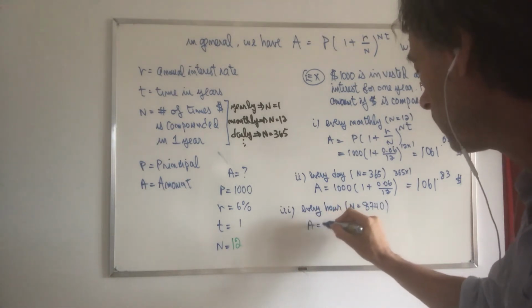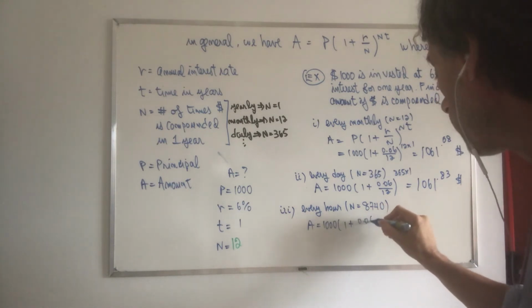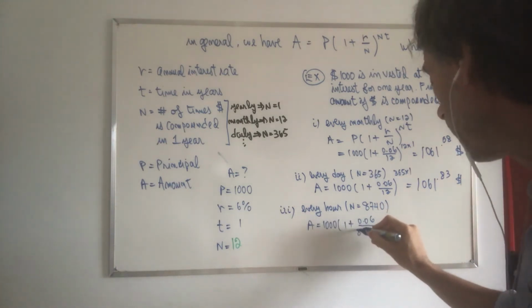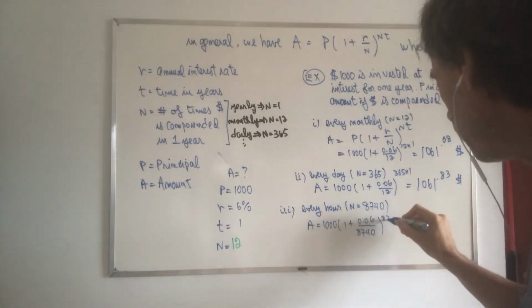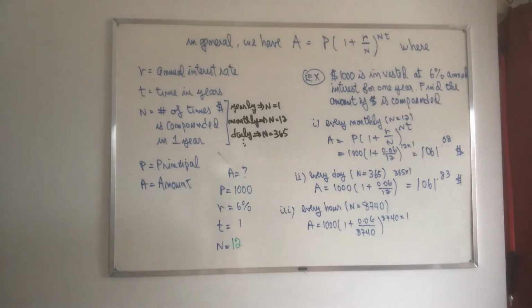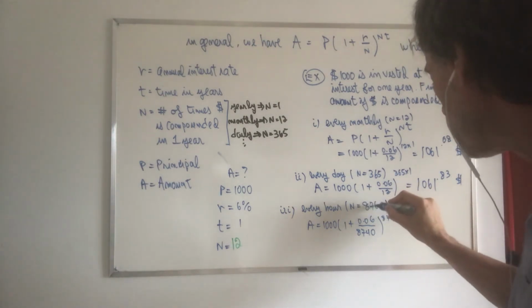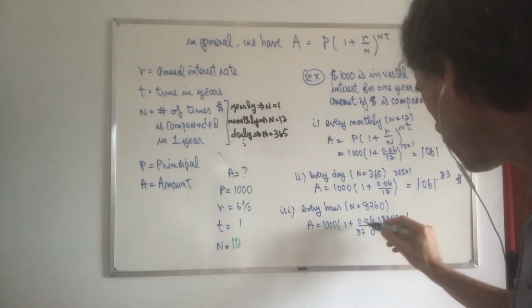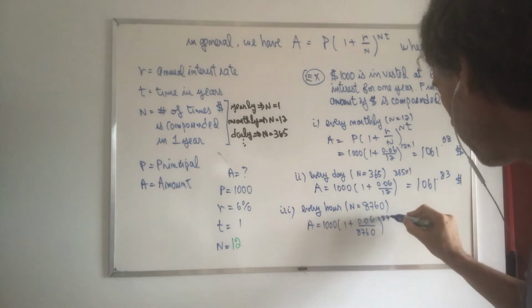So the amount is again 1,000 plus 0.06 divided by N. So divide by a pretty big number, but the whole thing is raised to also a pretty big number, 8740 times 1. Okay, so actually it's 8760. I made a mistake here. My bad. 8760, not 40.